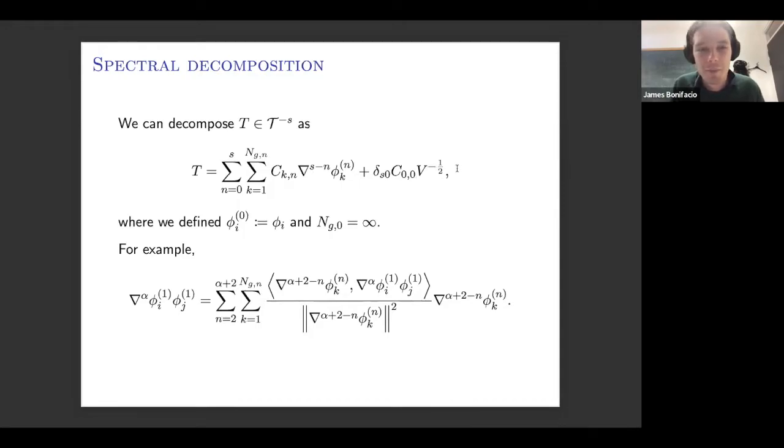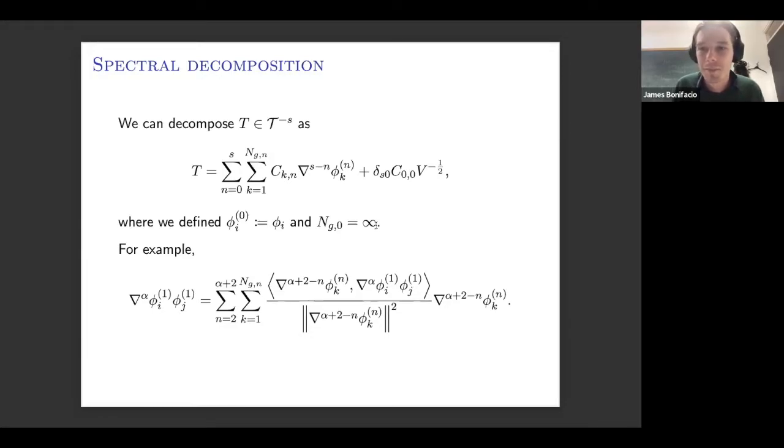So that's what this equation is supposed to show, where here I've defined phi_{i}^(0) to be the eigenfunctions phi_i, just so that I can write everything uniformly like this. And similarly, I define this to be the dimension of the space of eigenfunctions, which is infinite. So this is just like a transverse traceless decomposition, but in complex notation.